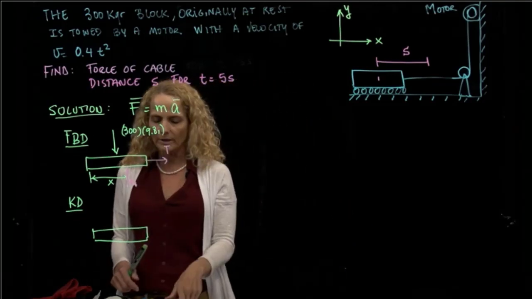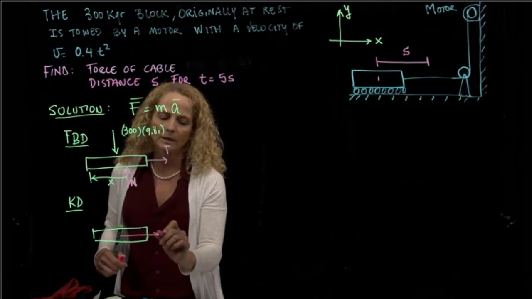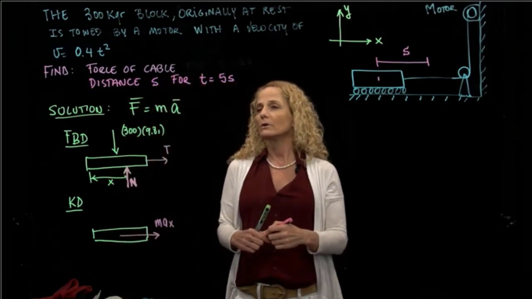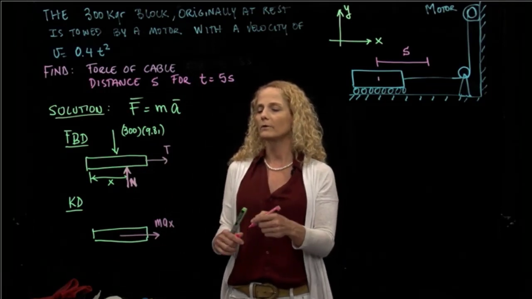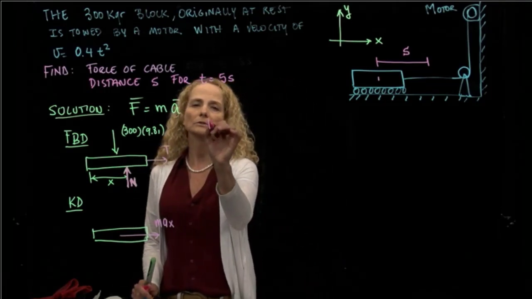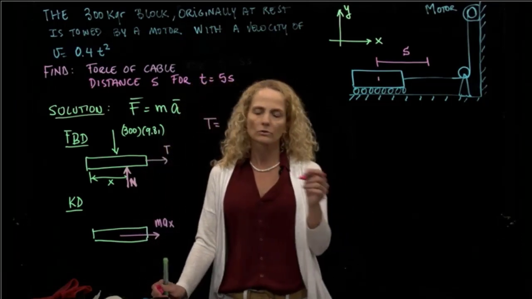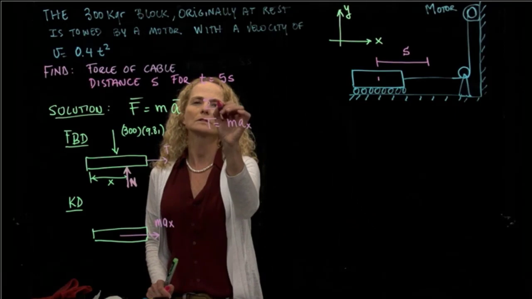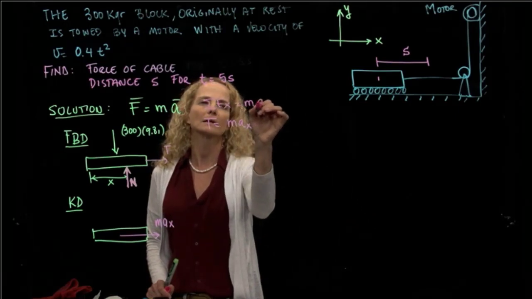And then I only have my acceleration in x, so it will be m times ax. So we apply our equation for that, and we have that the tension will be equal to the mass times acceleration. This is applying forces in x equals mass times acceleration.